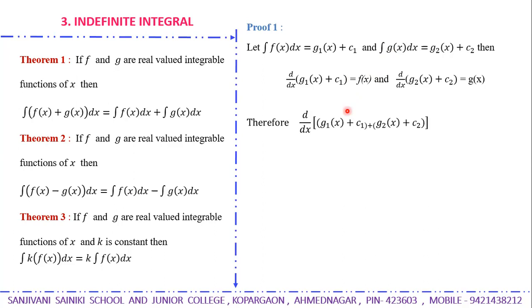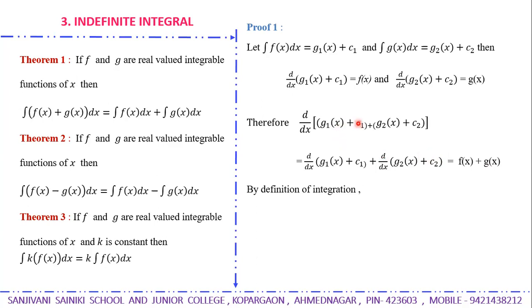So now consider d by dx of g1 of x plus c1 plus g2 of x plus c2. If you use the algebra of derivatives, it is the derivative of this function plus the derivative of this function. But we know that the derivative of this function is f of x and the derivative of this function is g of x. So what we get is d by dx of this function is equal to f of x plus g of x. Again we will use the definition of integral.